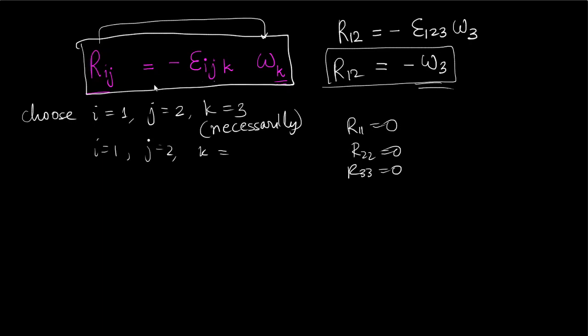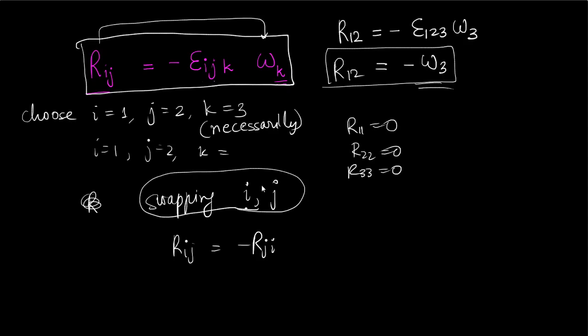And the rationale behind writing it down in this kind of relationship is also clear, that swapping ij leads to a minus sign, that is Rij is equal to minus Rji. The fact that swapping something gives us a reversal in sign also indicated that it has to be through an alternating tensor.